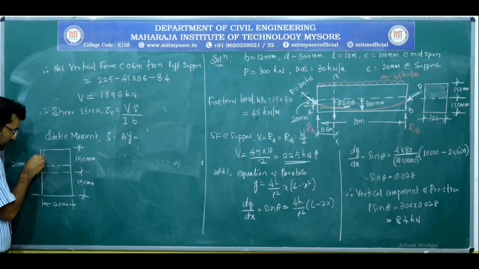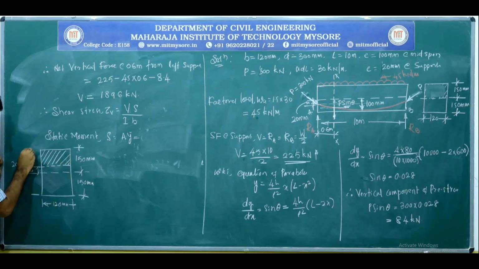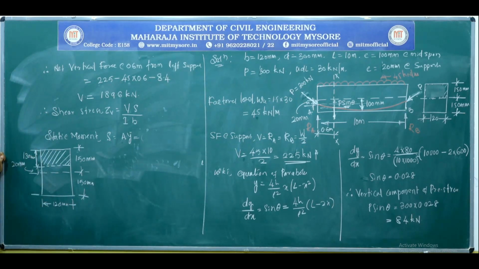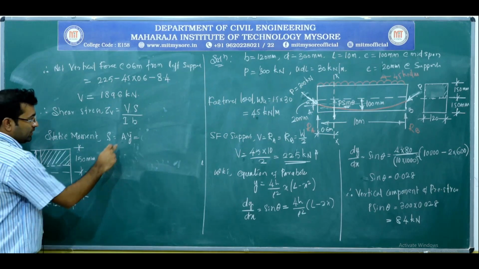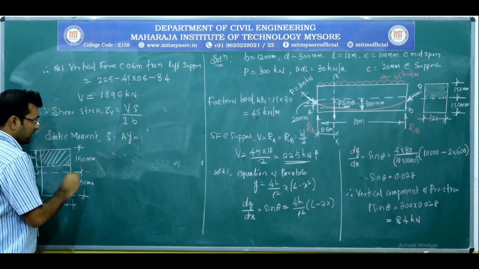So we have to consider only this portion of the concrete for the calculation, that is this 130 millimeter. Now how much is the area of this shaded portion?